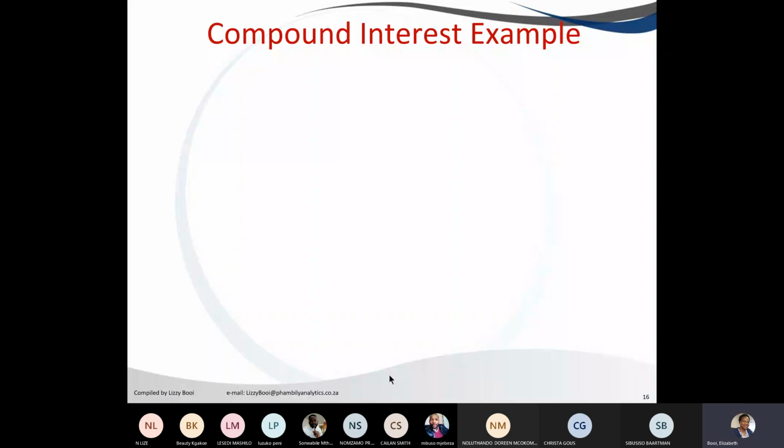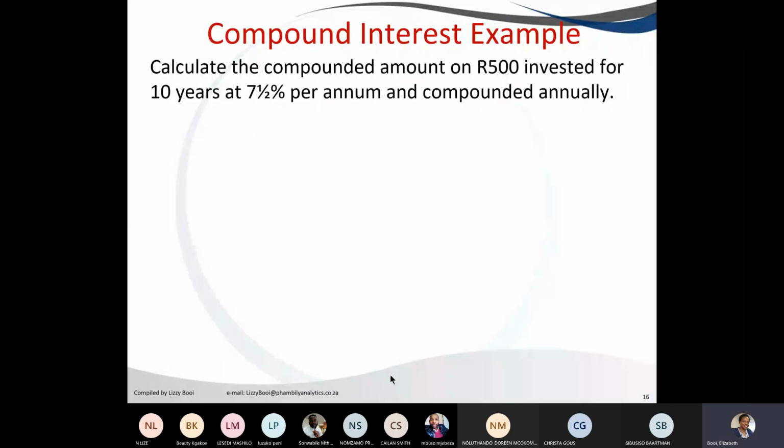Calculate the compounded amount of 500 invested for 10 years at 7.5% per annum compounded annually. We know what the formula is because we're talking about compounded amount. And it has compounded annually. So we know that this is the formula.